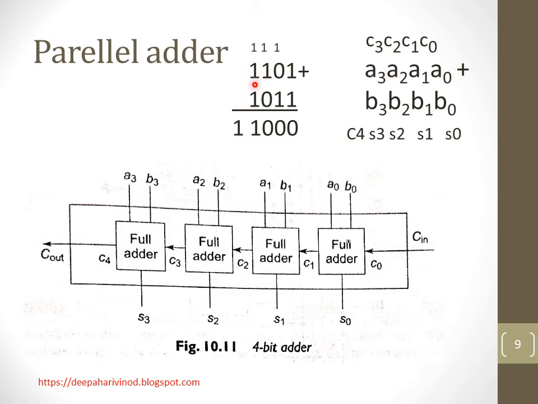So 1 plus 1 plus 1, that sum is 1 along with the carry 1. So 1, 1, 0, 0, 0 is the output of this addition. The problem or disadvantage in this case is that each full adder has to wait for the carry output.